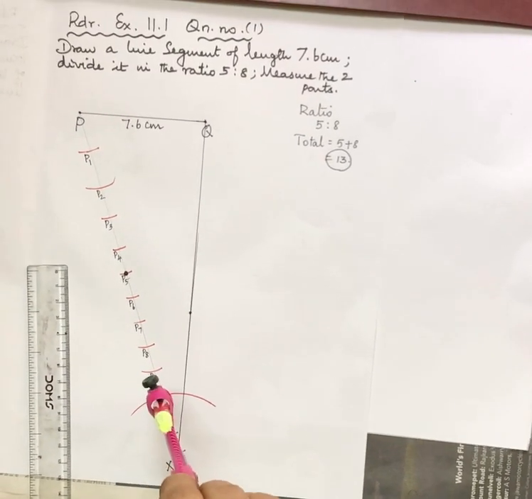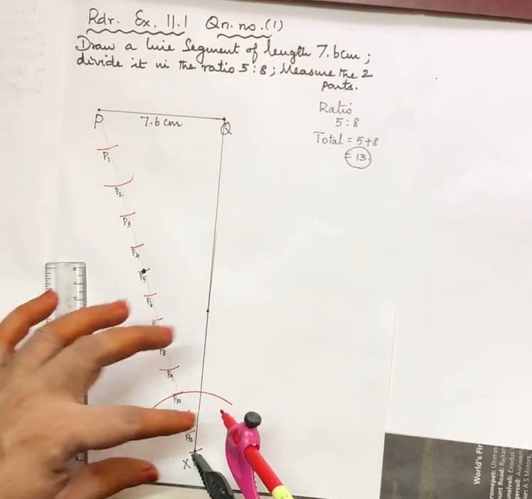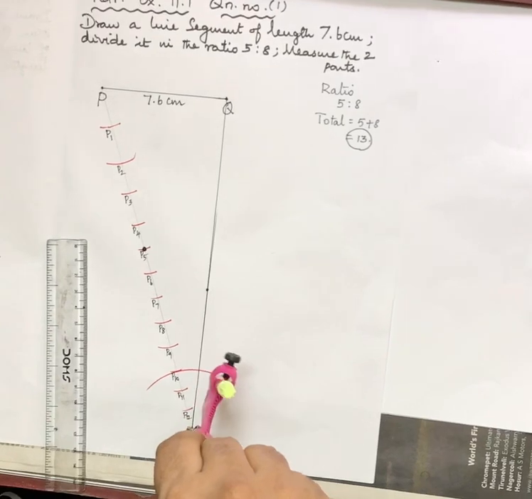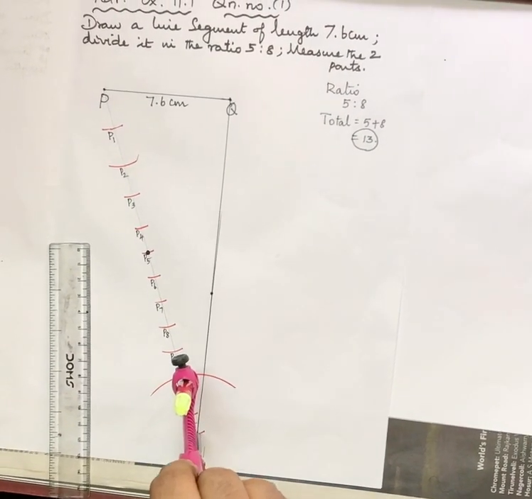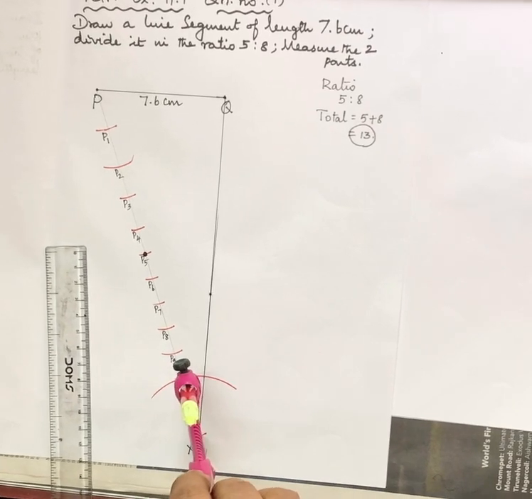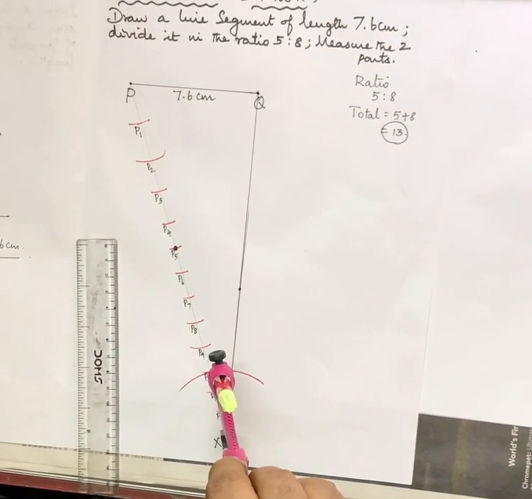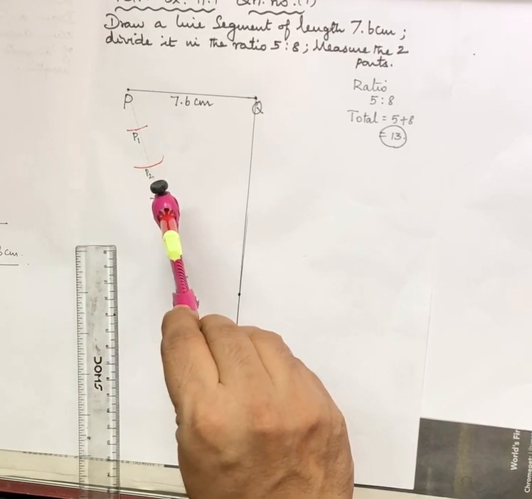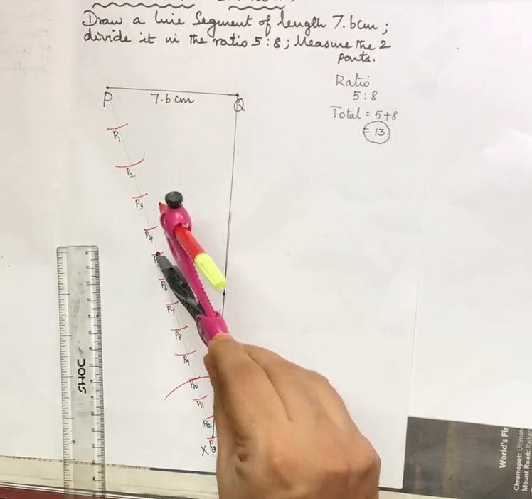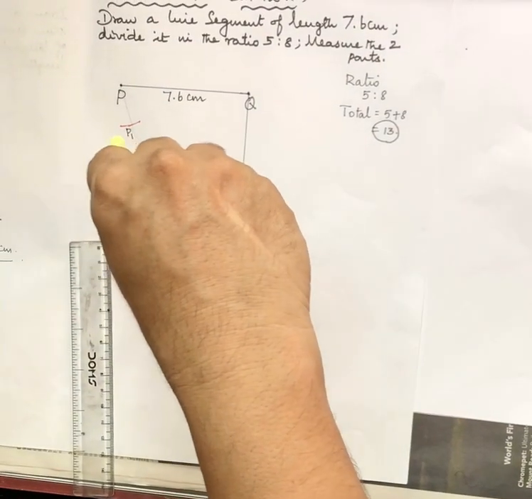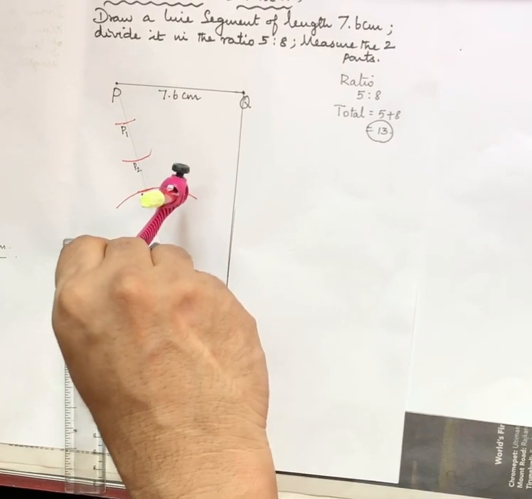Now without changing the radius of the compass, you go to P5. Keep the needle on P5. Same way you cut an arc.